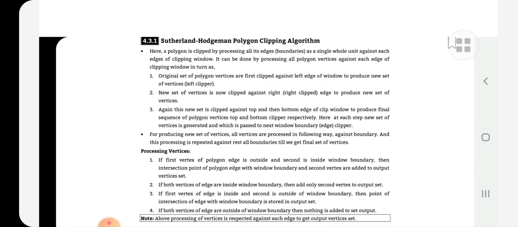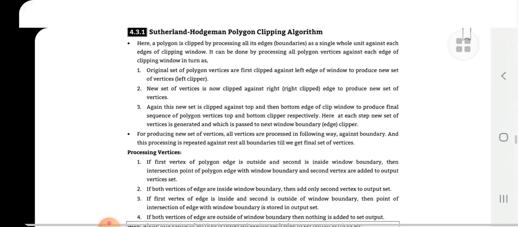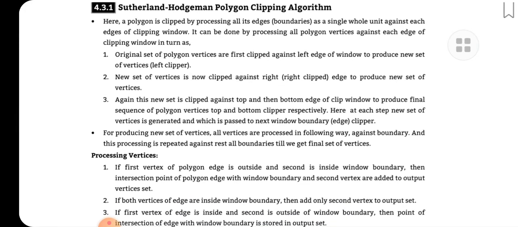Here a polygon is clipped by processing all its edges, the boundaries, as a single whole unit against each edge of a clipping window.